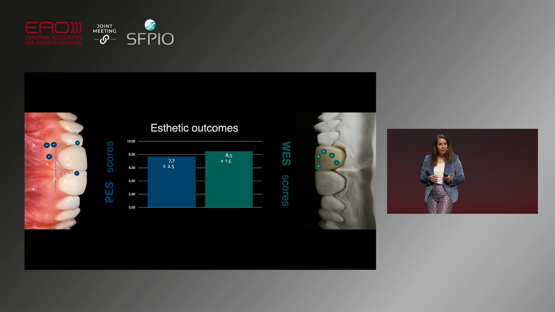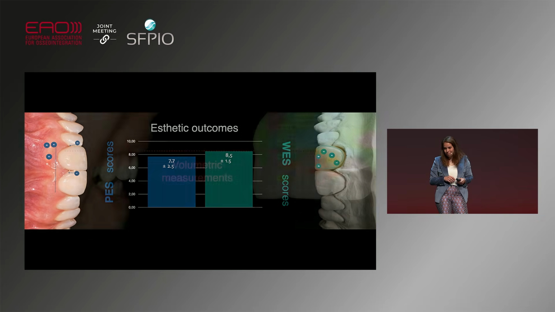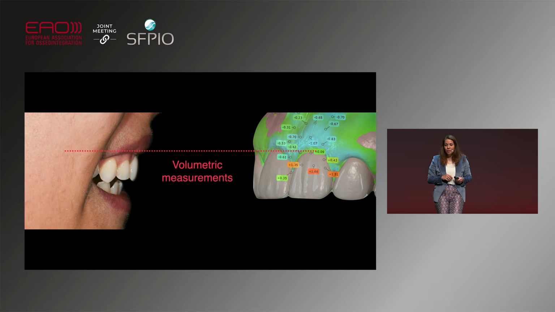But also the white, the crown, we rated really well, which also means that apparently we have very good dental technicians in our clinic. We also did the volumetric measurement again, looking at the margin and measuring what happened over the course of 14 years.